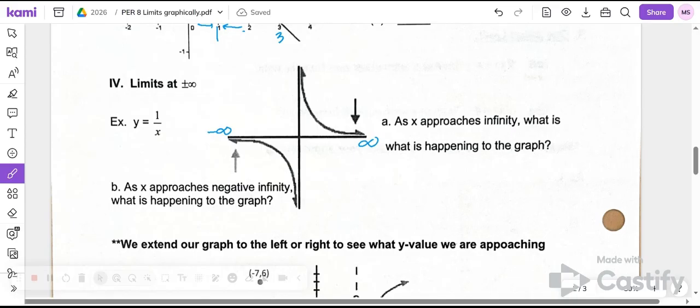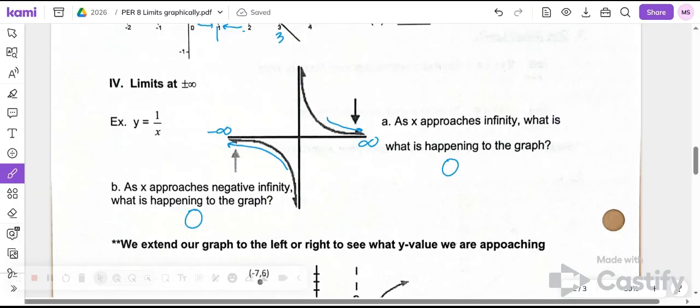As x approaches negative infinity, what is the height of your graph getting closer to? 0. And over here, going this way, the height is getting closer to 0. When you do infinities, you read the far ends of your graphs.